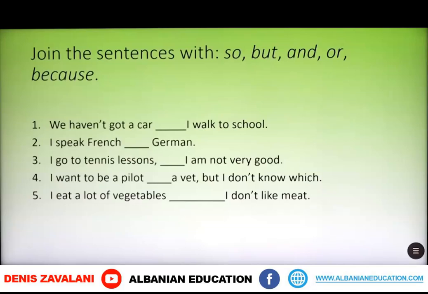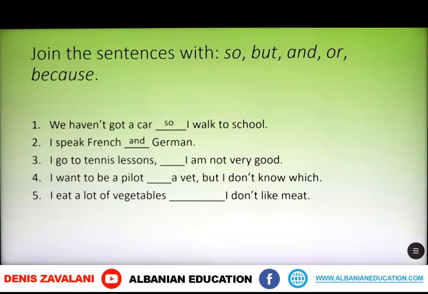Let's try to do some exercises with linking words. We will join the sentences with so, but, and, or, and because. The first one, we haven't got a car. Which linking word should be here? So, I walk to school. Next one, I speak French and German.